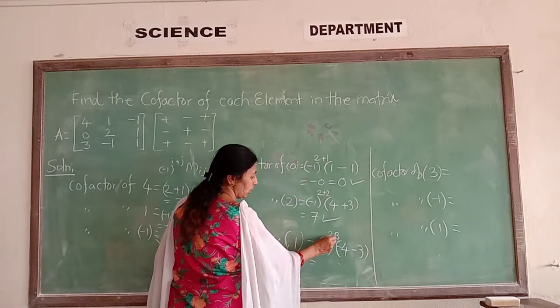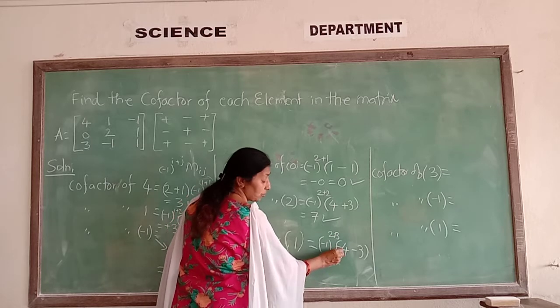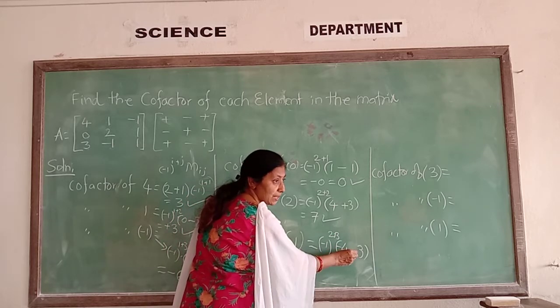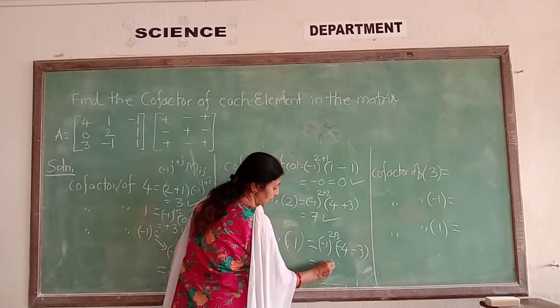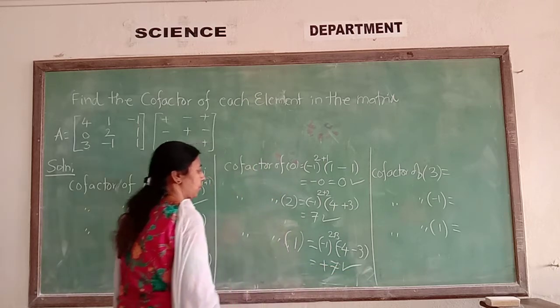It is odd, so minus of -7 is plus 7. This is the cofactor.